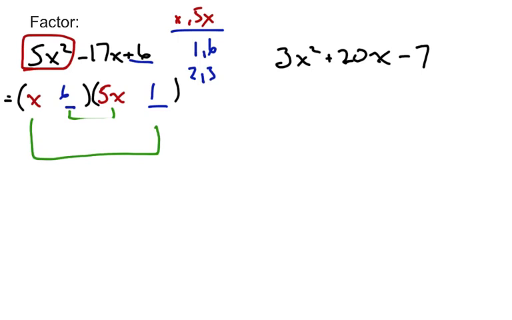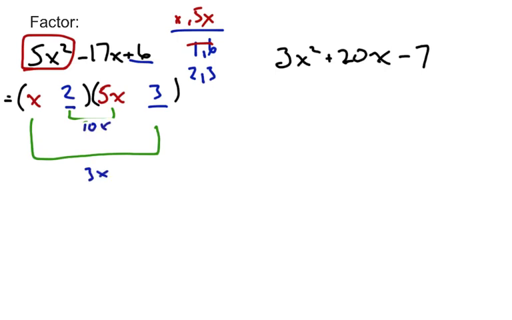So the outsides, 1 times x is 1x, and 6 times 5x is 30x. Well, 30x and 1x does not make 17 either. So now we know that 1 and 6 does not work. So, back to the drawing board. This time let's do it with 2 and 3. The outsides will give us 3x, and the insides will give us 10x.